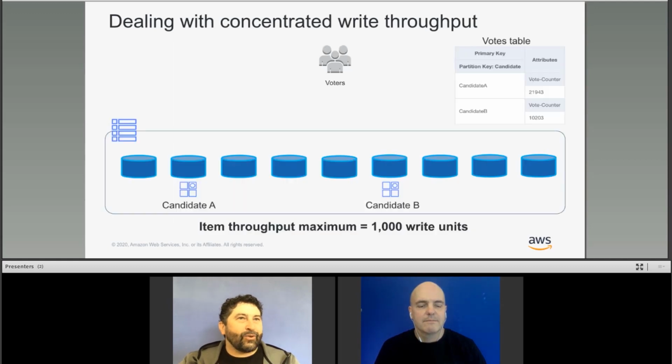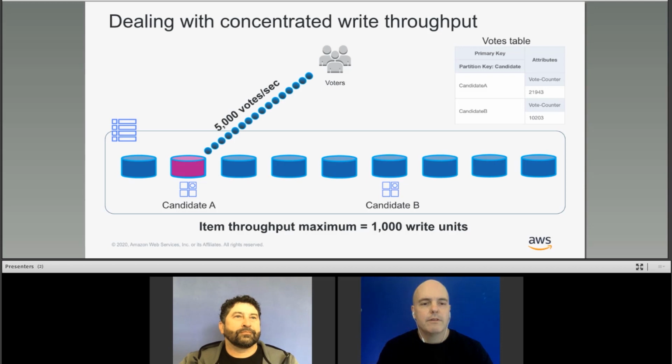How about what can we do for write throughput concentrations? Well, I think we can take a similar approach, right? In the case of writing, or in an election as we see here, let's say we have a massive amount of write traffic, more than the 1,000 per second writes that we can nominally support.